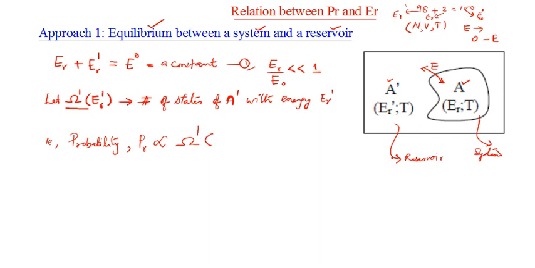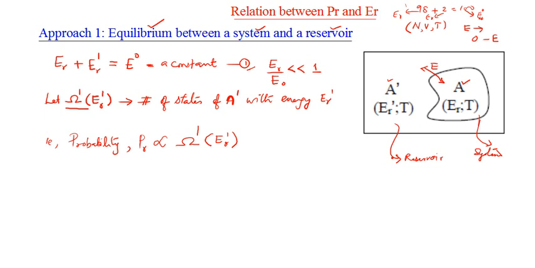So you have to keep in mind that omega prime ER prime will be the number of states of the reservoir with energy ER prime, but the greater the number of states of the reservoir, the greater will correspondingly be the number of states of the system also, because they are of course directly proportional. If there are a large number of ways in which a reservoir can exist, of course there will be a large number of ways in which the system also can occur.